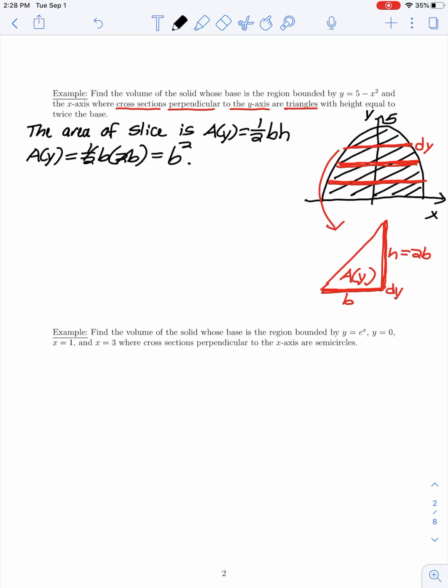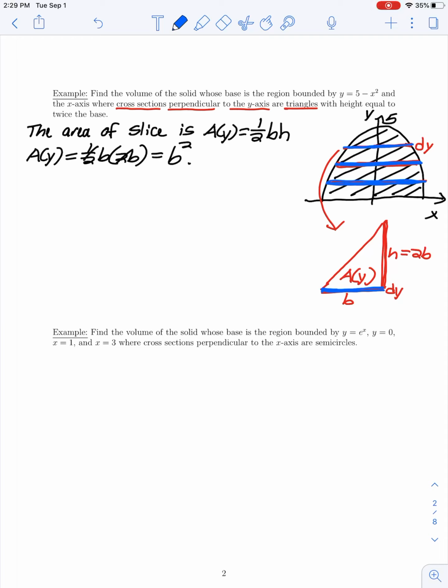So let's think about how we can find this. Our base of this triangular slice is going to correspond with the base of our solid. And depending where I choose my slice, I see that I have a different value for the base. Now, one way that we can go about finding our base here is by thinking about the following.